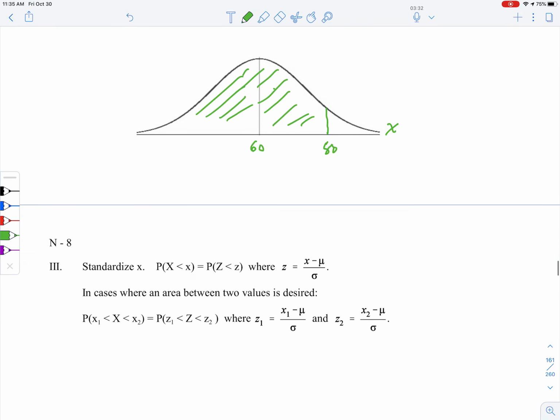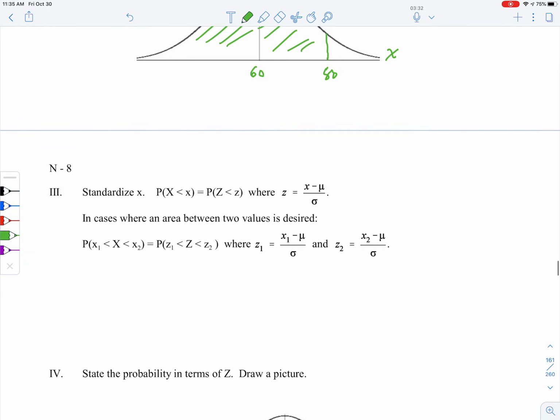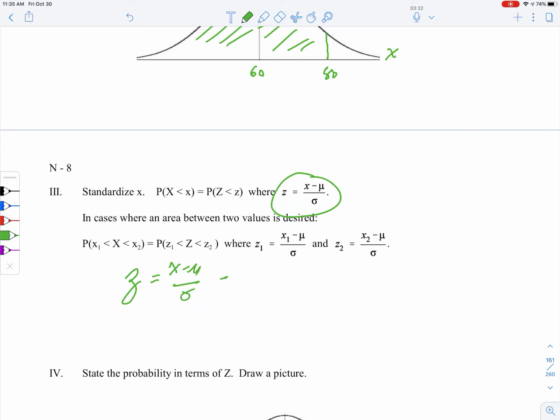Step number 3 is where we convert. So we're going to convert our x value into a z value. So we're going to use this particular formula here. And so in our case then, remember I said I draw my little z's like that. Z is equal to our specific x value minus mu over sigma.